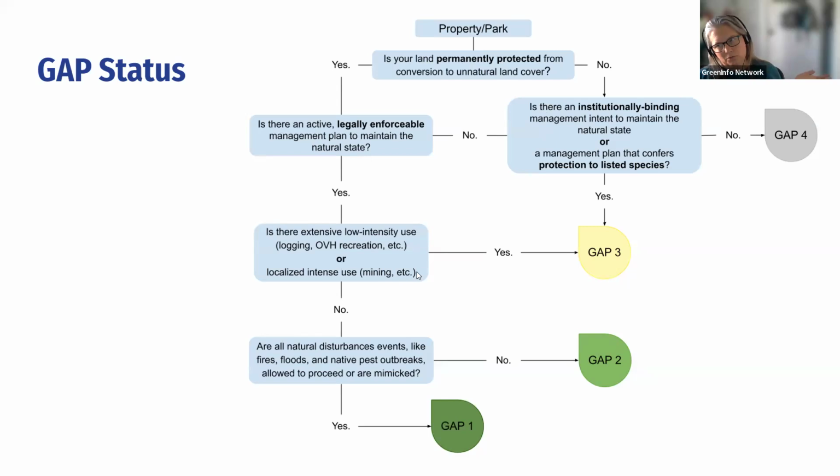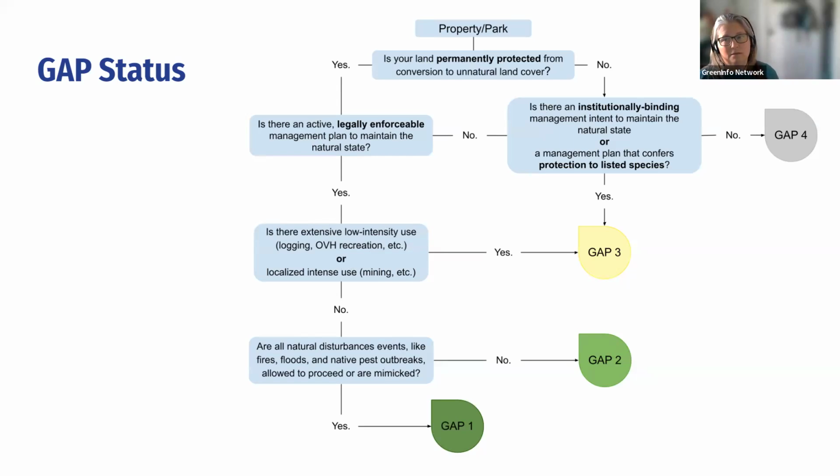Some people can go through this with their lands or property and land at a clear answer. Other people end up with questions, and then we work with USGS to find those solutions. That raises the question of who assigns gap codes, and that's the folks that manage the land. If you own or manage a property, that organization has the authority to self-assign the gap code.